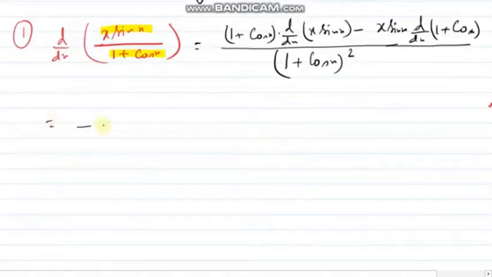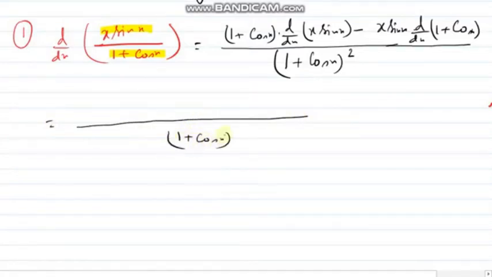Now 1 plus cos x whole square, I will keep it like this. Numerator will be 1 plus cos x into d/dx of x sin x. Just check over there, x sin x.